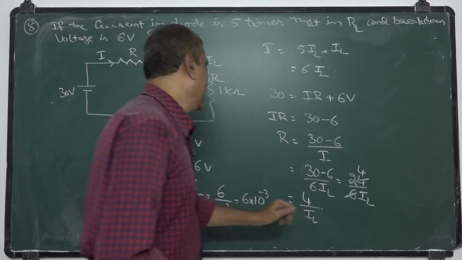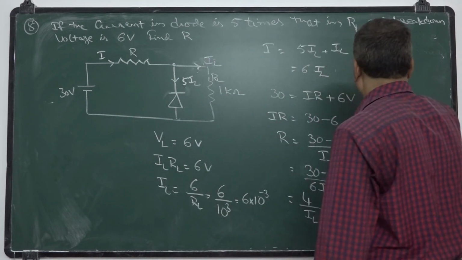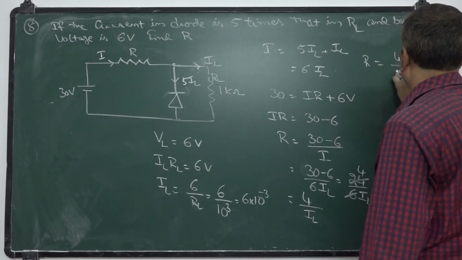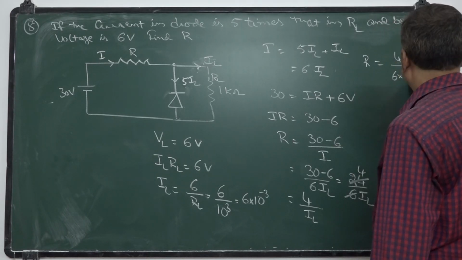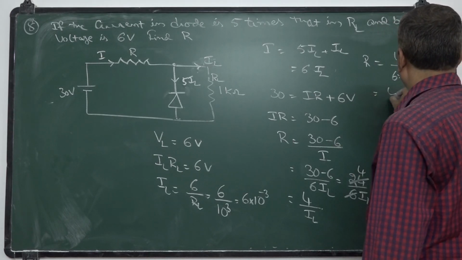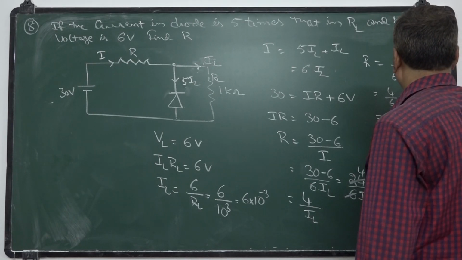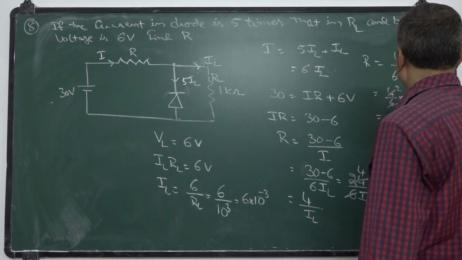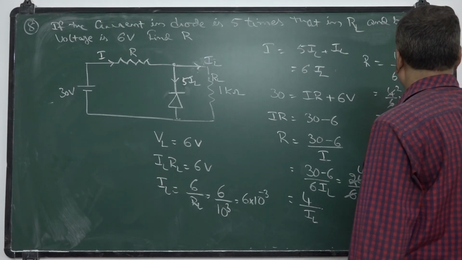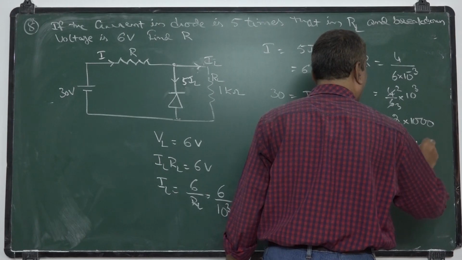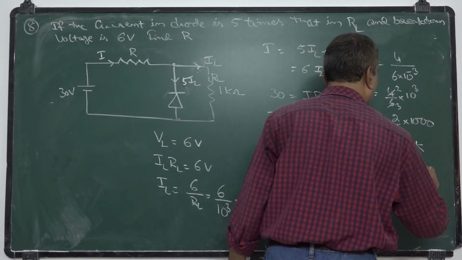Now substituting here again, R is equal to 4 divided by 6 into 10 to the power minus 3, that is 4 by 6 into 10 cube, that is 2 by 3 into 1000, that is 2 by 3 K or 2000 by 3 ohm.